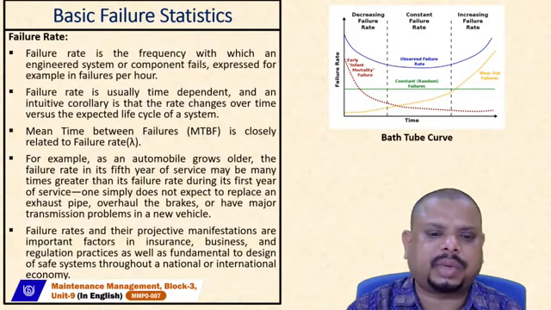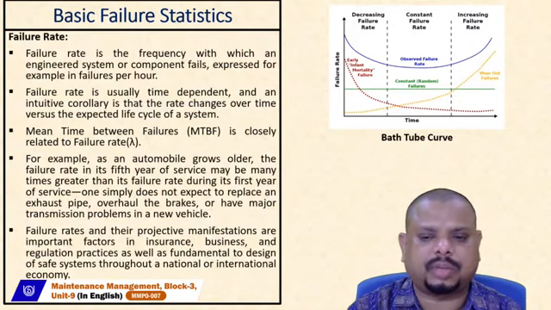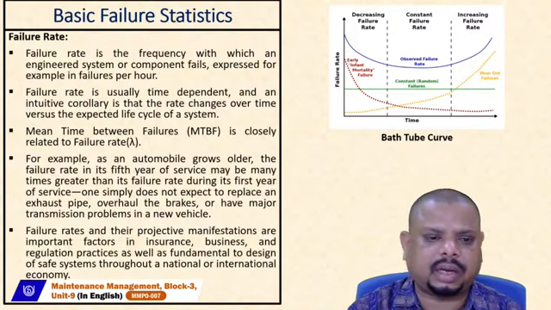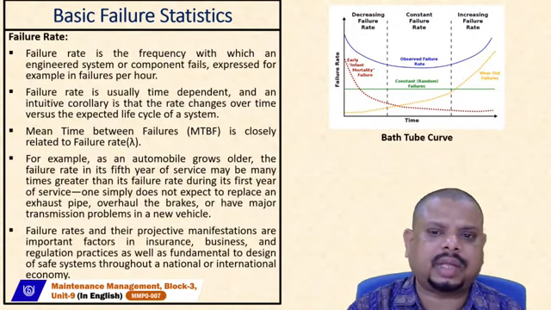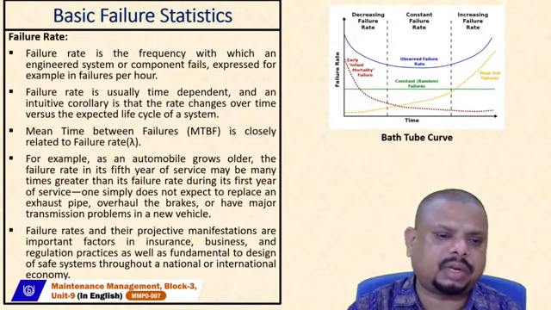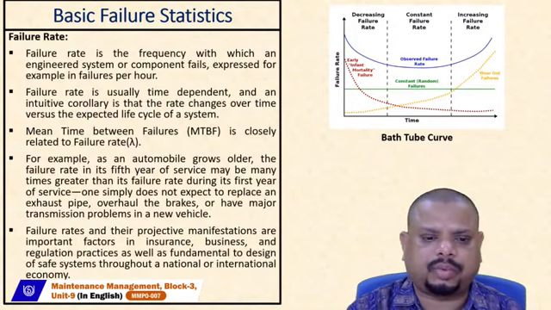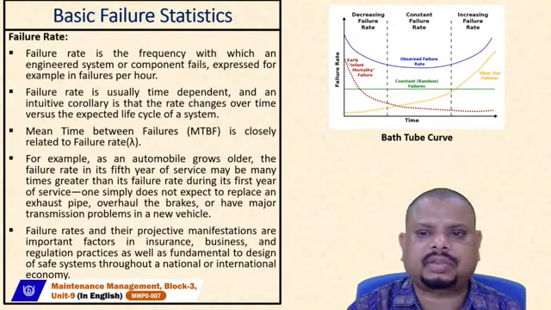One simply does not expect to replace an exhaust pipe, overhaul the brakes or face a major transmission problem in a new vehicle. So let's understand failure rate with the example of a car purchased initially: the rate of failure in the first year is less compared to the failures occurring in the fifth year. That directly leads to the replacement of various components.